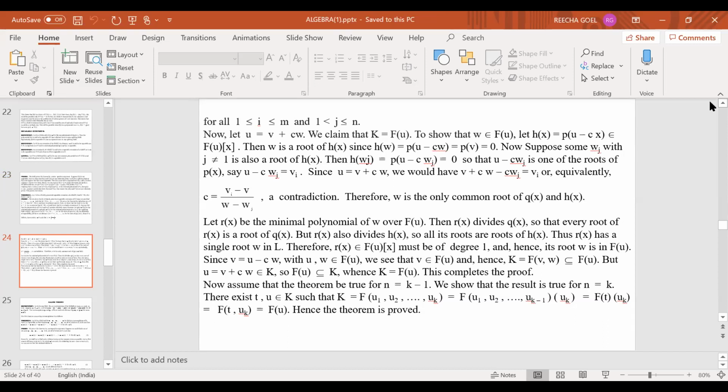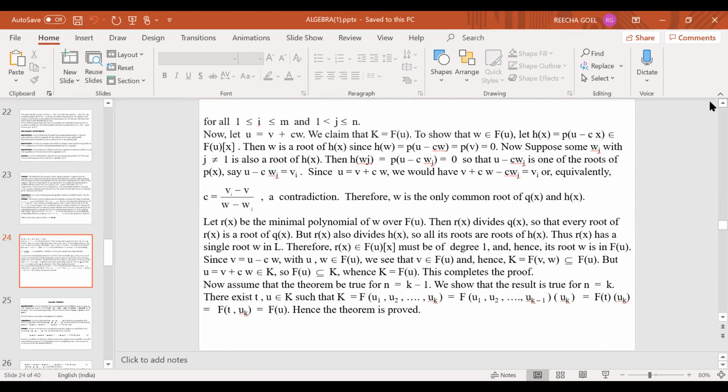Now here I take an element, say u is equal to v + cw. We claim that this u is going to serve our purpose. That is, we shall show that K is nothing but F(u). So for this we show that w belongs to F(u).